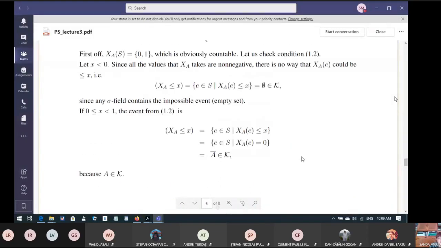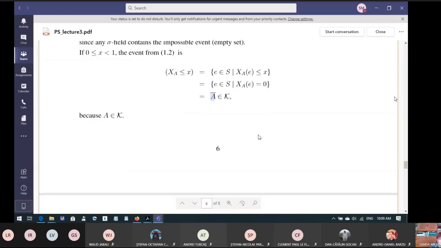So notice a pattern here. As we went with x from the lower to the higher value, starting from -infinity, first we got the smallest event, the empty event. Then it was that union with the complementary of A. Of course, that's just the complementary of A. We didn't write the union anymore.